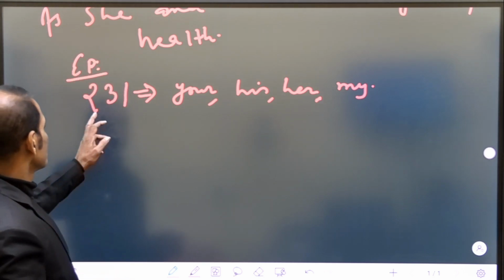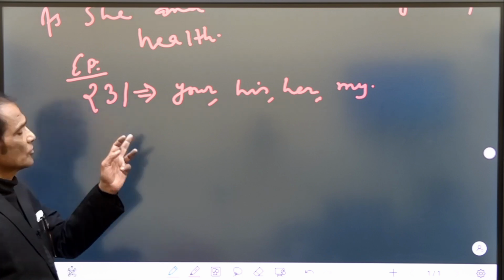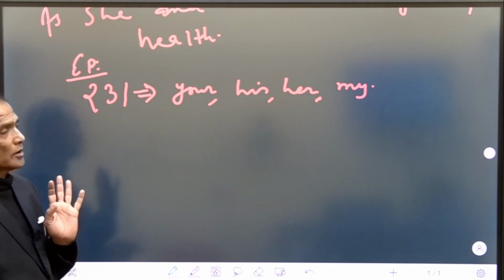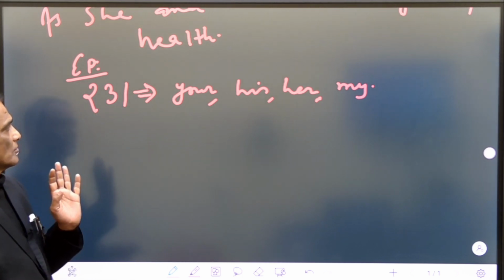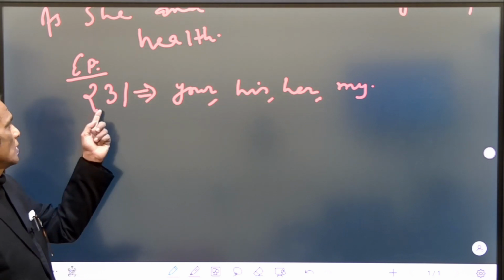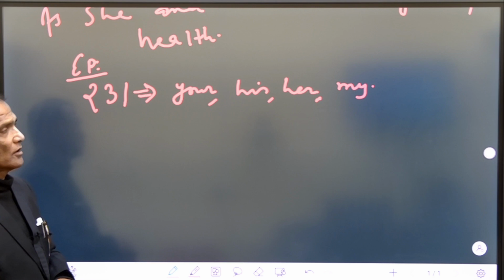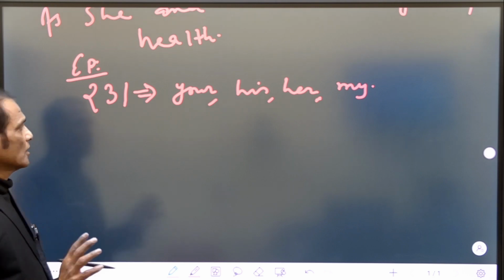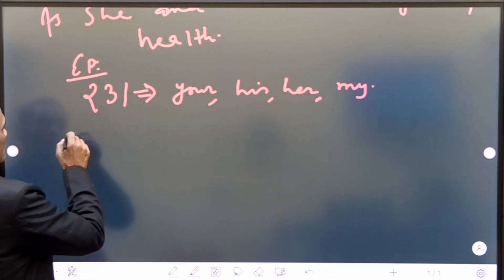We have to use only "are" in case of 2, 3, 1. I told in the beginning that besides "are", if any form of pronoun is used while 2, 3, 1 are combined in a sentence, that is error.